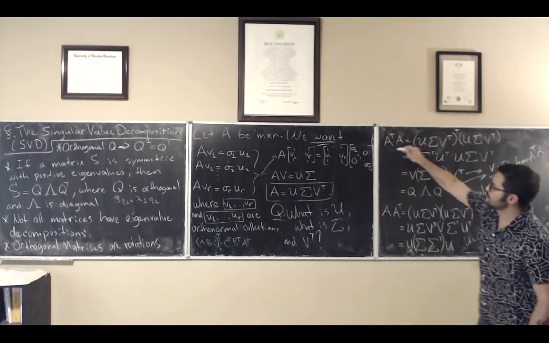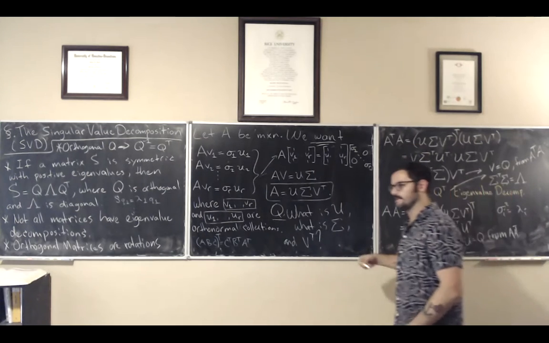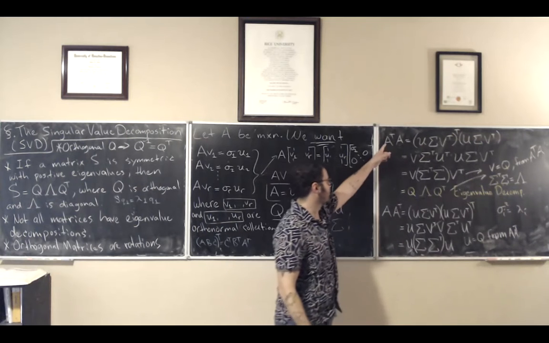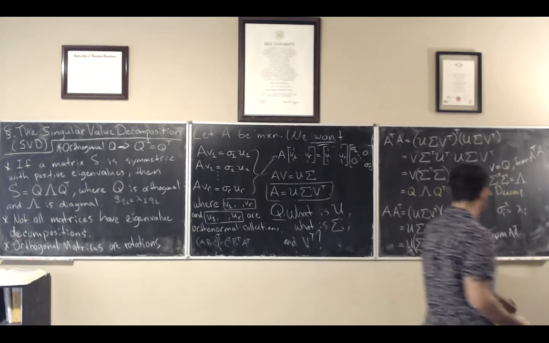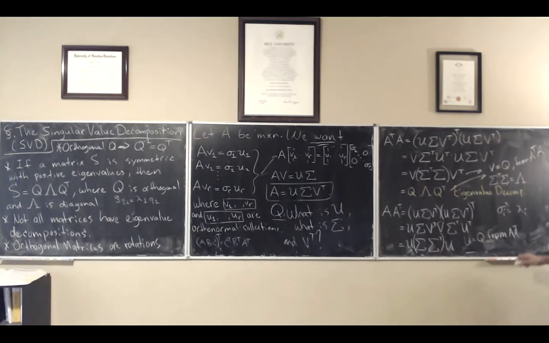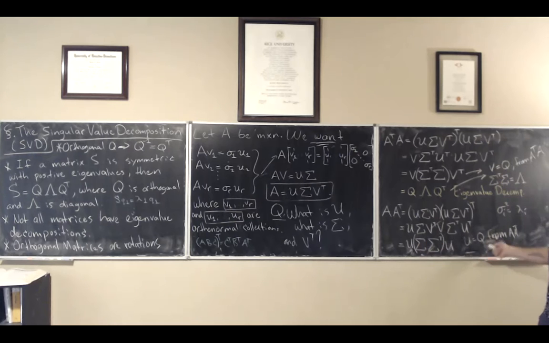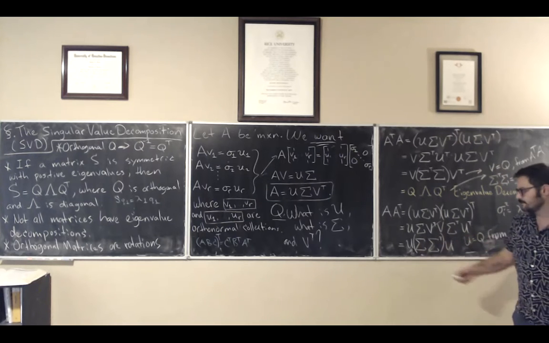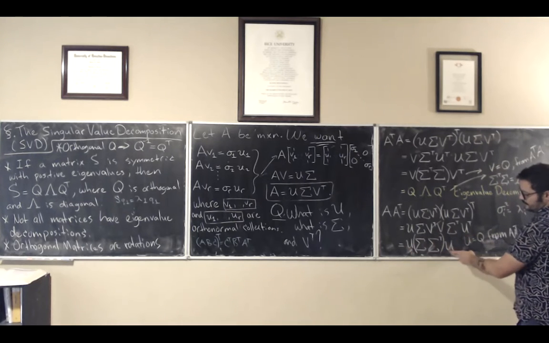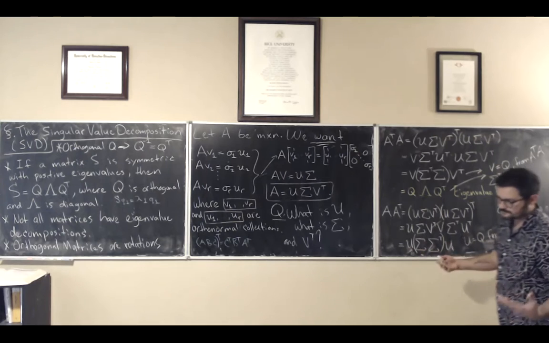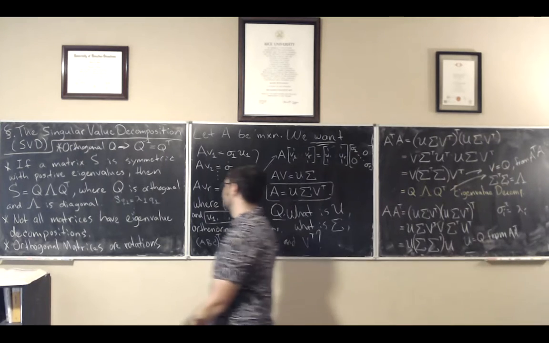Notice that A transpose times A is a different matrix than A times A transpose. This is N by N, this is M by M. But if we look at the eigenvalue decomposition of A times A transpose, the orthogonal matrix that we get from the eigenvalue decomposition, we can set that equal to U. That's orthogonal, that's diagonal. It's going to work out.